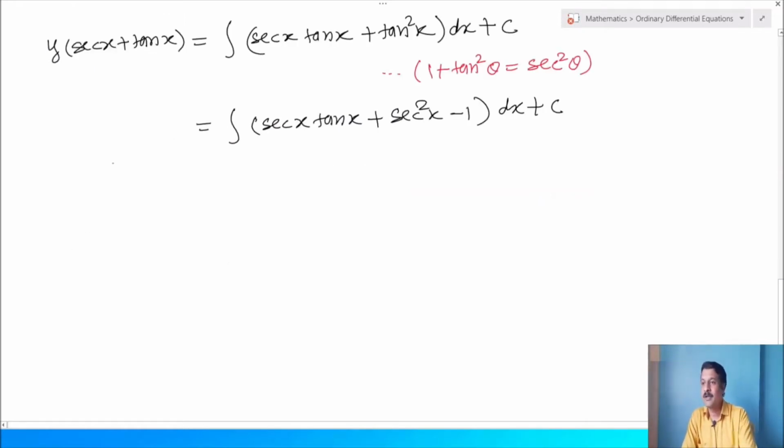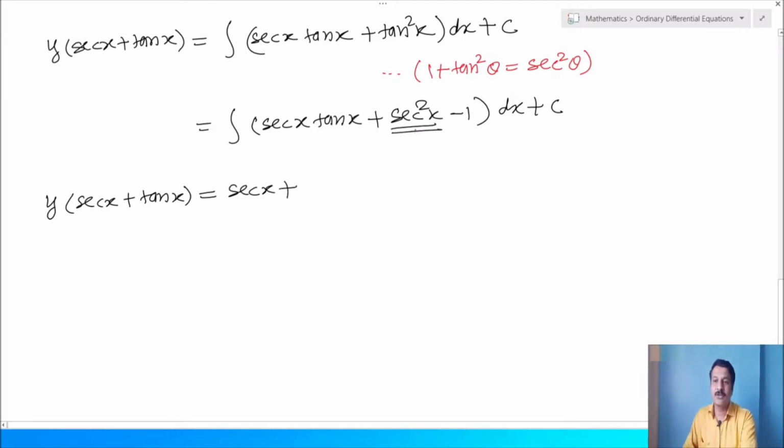Now by standard integration, the left hand side is as it is, and that is equal to what? The standard integration of sec x tan x is sec x, plus the integration of sec square x, which is tan x, minus integration of 1, which is x, plus c, which is your required answer.